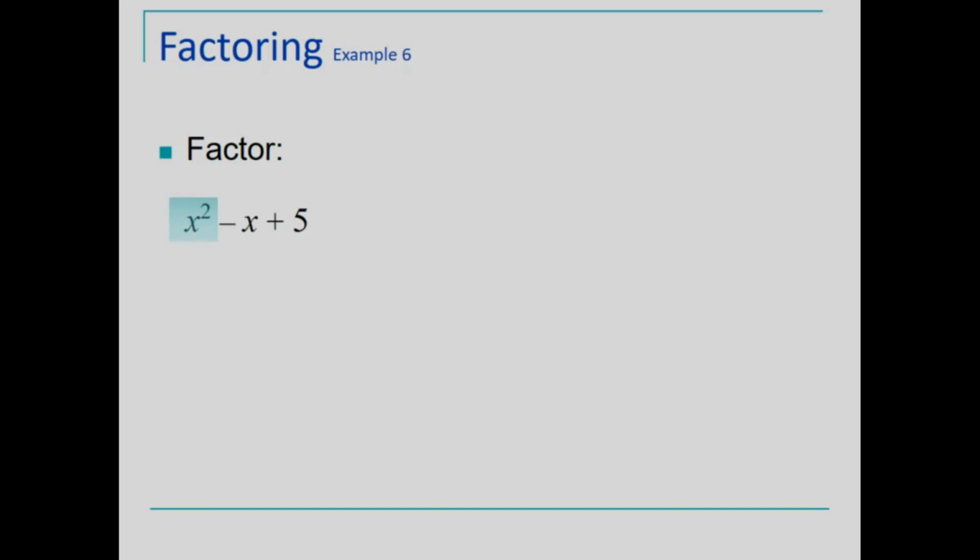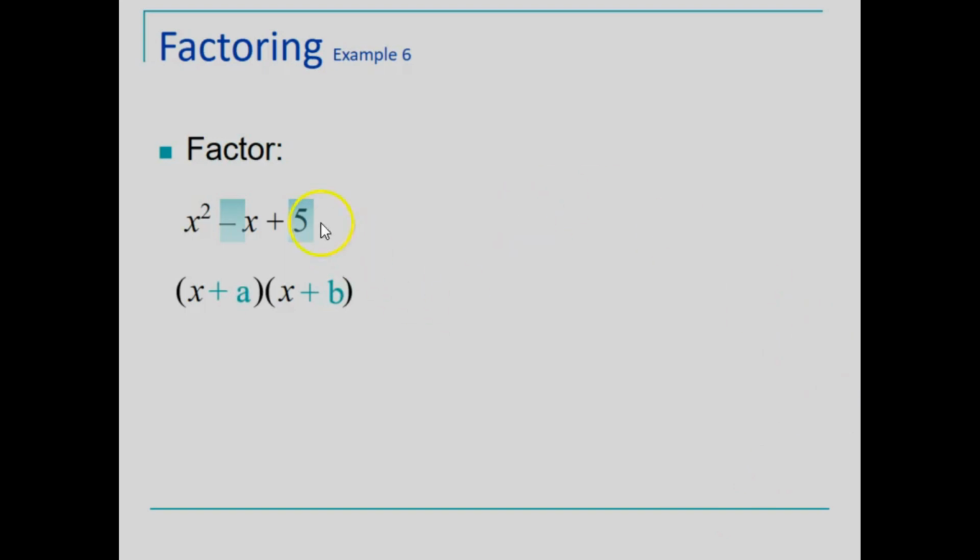Factoring this one, we look at our first term. The result of this first term is having an x for the first term of each binomial. Since 5 has very few factors, we can easily check all possibilities.